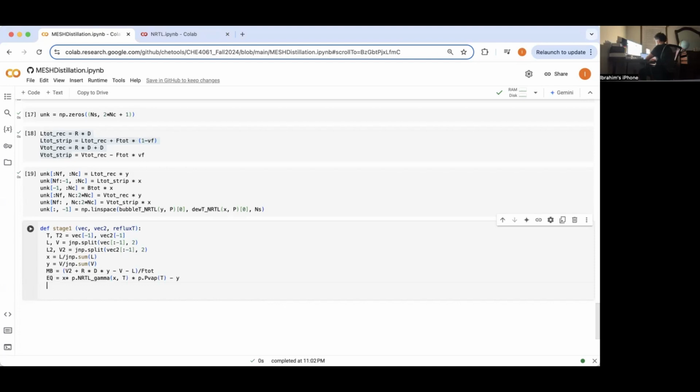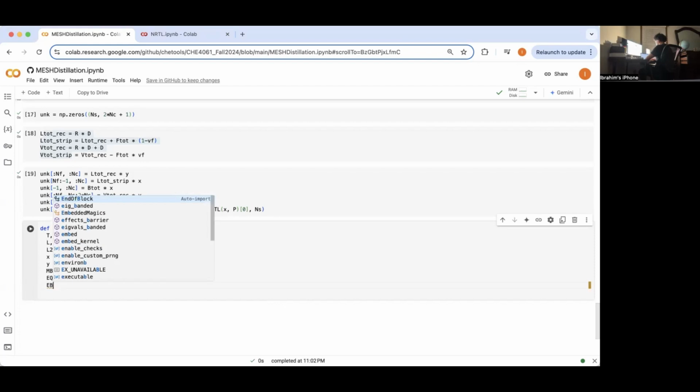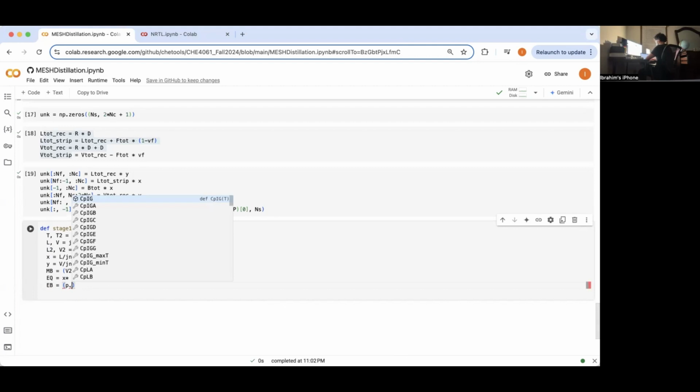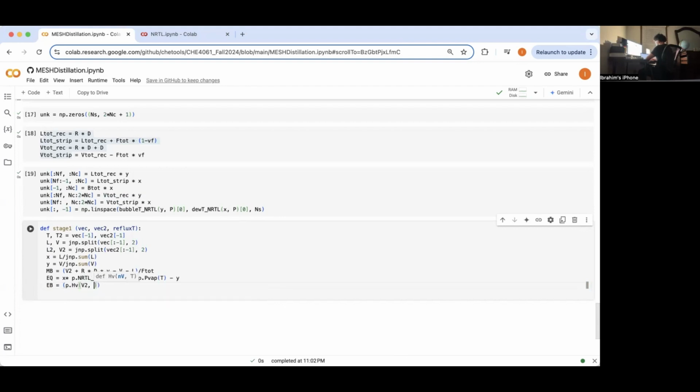Now setting up our energy balance, and we'll be denoting this as EB. And this is going to be equal to, I believe, our total pressure. No, I don't think it is. Hold up. Okay, so this is our vapor enthalpy. So P dot HV is going to be denoted by, and then we're going to be using our second vapor flow as well as our second temperature that we defined earlier.